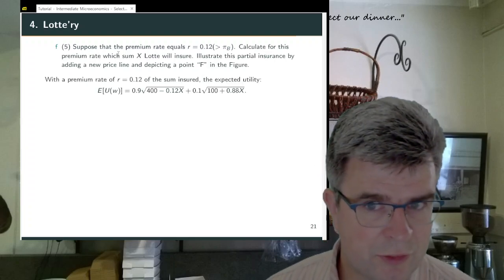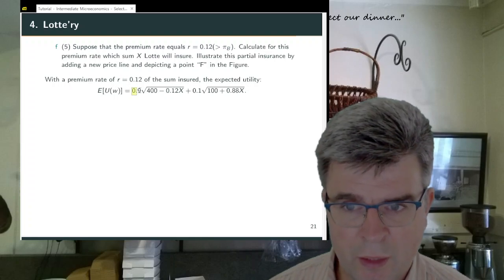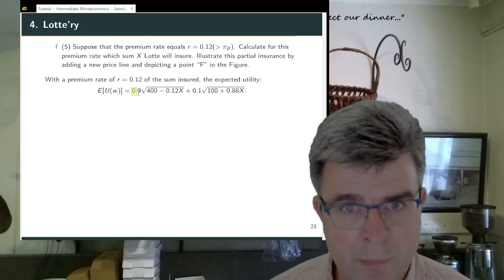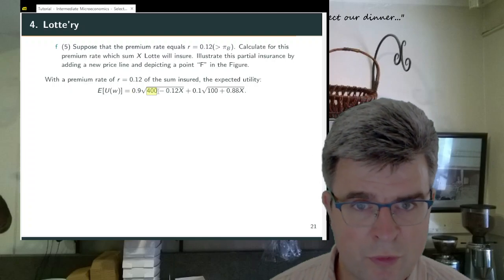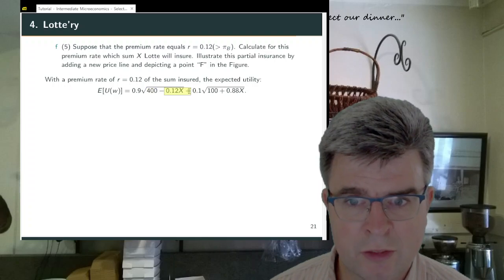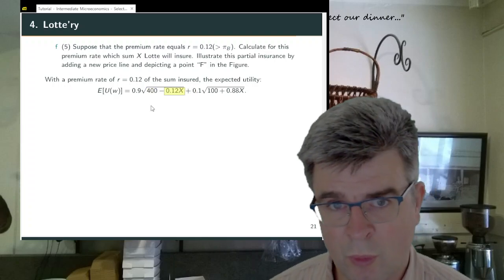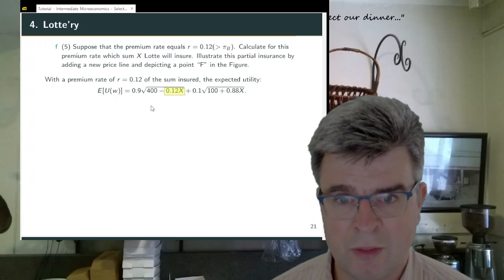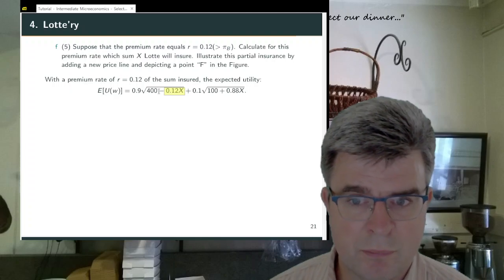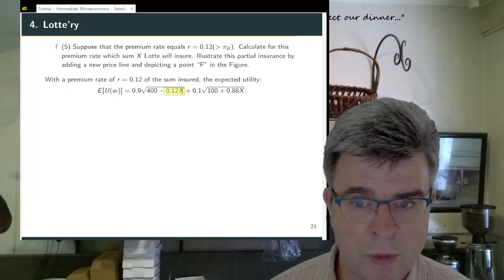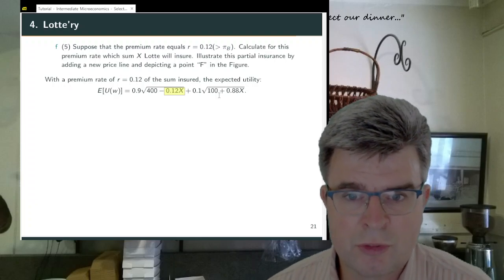The computation is the same. So with a premium of 12, the good state of the world will still happen with probability 90%. In that case, she will end up with a final wealth of 400 minus the premium that she paid. And the premium will be identical to 0.12 times the amount that she insured. And if the bad state of the world happens, she will also pay this premium, but she will also receive X from the insurance company.